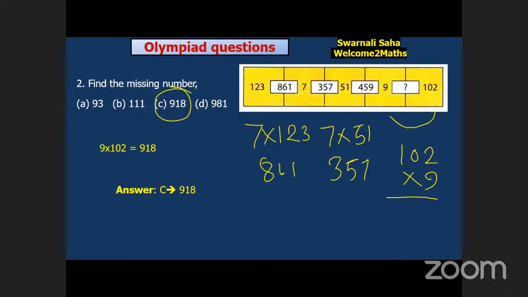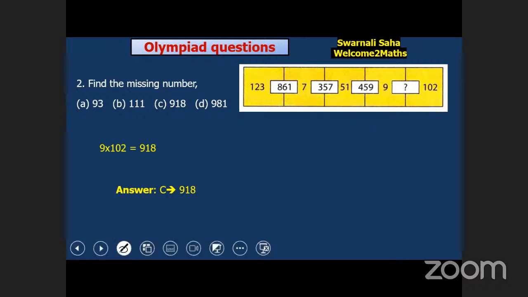Okay, once again for all of you, remember this thing. Whenever you have this type of question, you see, it's 123 here, and there is 7, and there is a middle number here.